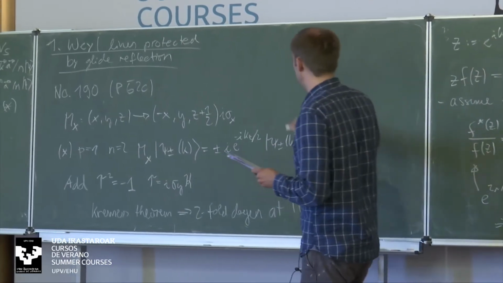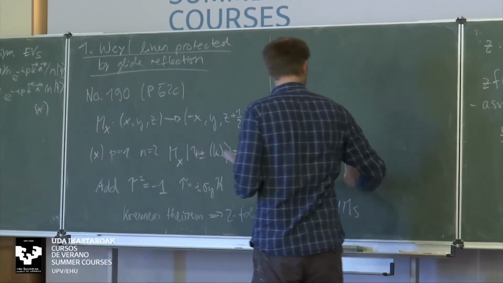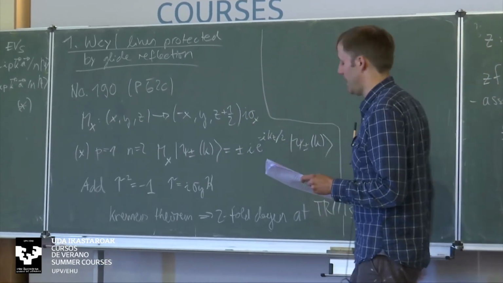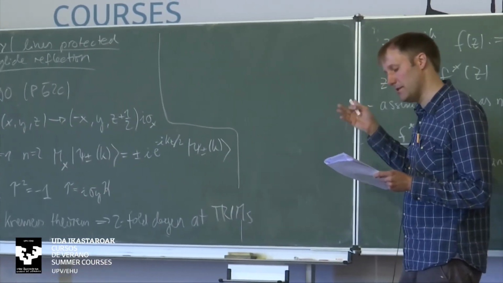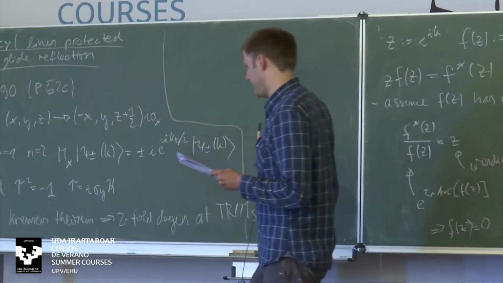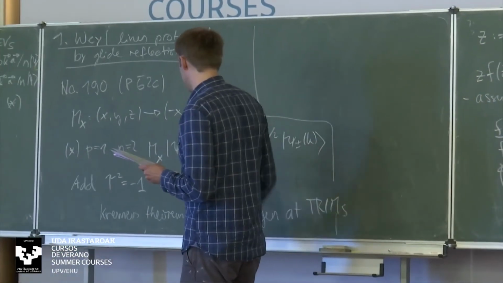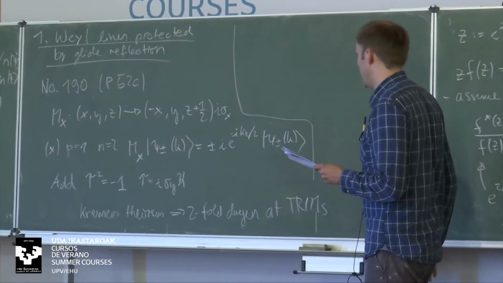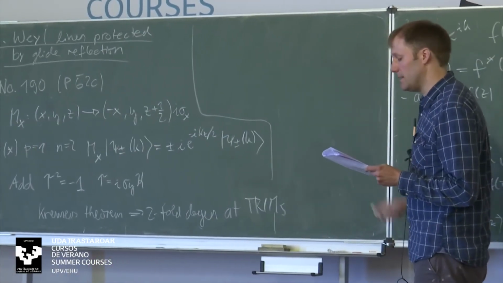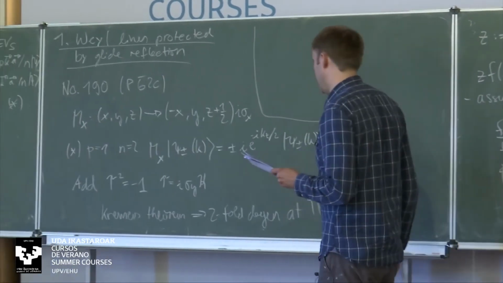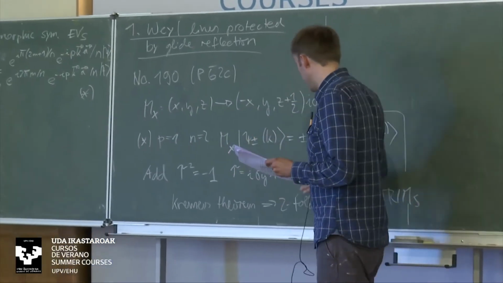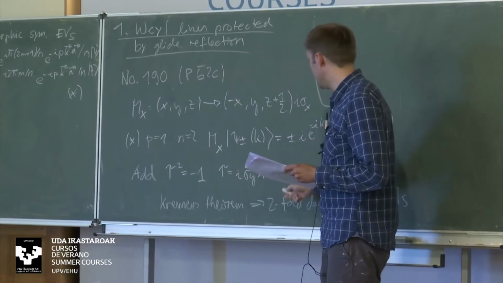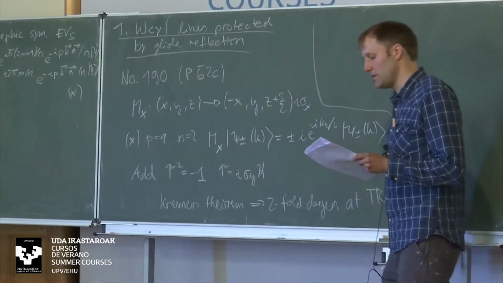So then the question is, what does this now mean if we also have this glide reflection symmetry? So in other words, which of these Bloch states, psi plus and minus, are paired together at these time reversal invariant momenta? And the answer basically is given by this expression. You see you have here this complex conjugation operator.